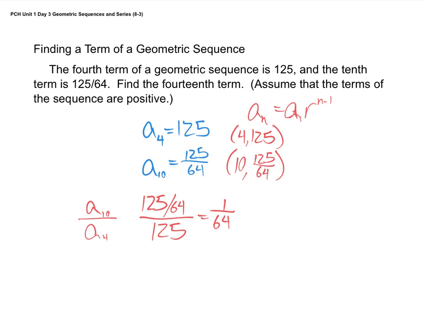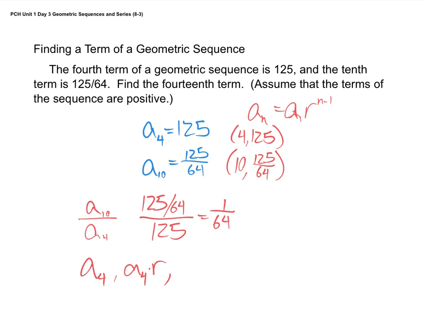The sixth root. Why the sixth root and not just the square root? Oh, 6 steps in between. No, 10 minus 4. Okay, yeah, look. How many steps? Remember how a geometric sequence works. You have a sub 4 and then a sub 5 is simply a sub 4 times r, right?